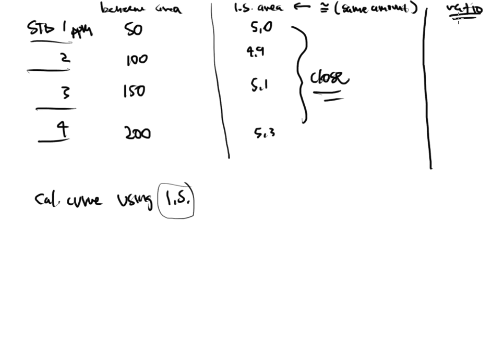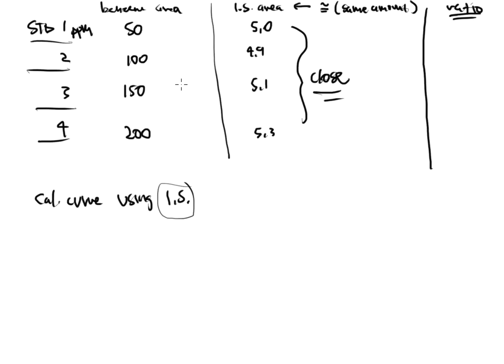And this is how you handle it. We know that the internal areas should all be the same. We also know that if more internal standard was injected, more sample was injected. If less internal standard was injected, less sample was injected. Because ideally, they should all be the same value.